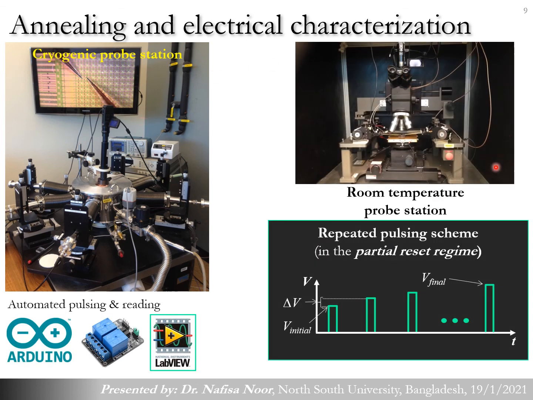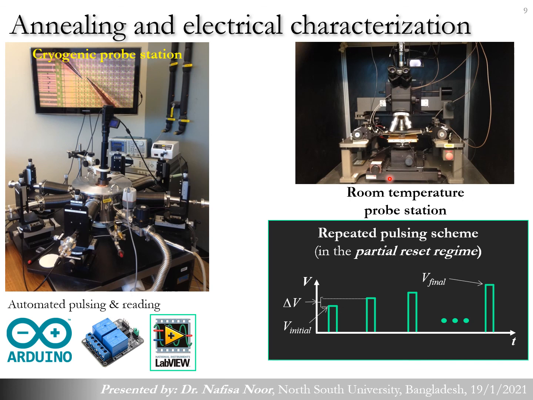And this is how a room temperature probe station looks like. Here also we have an optical microscope, several lenses, and a monitor to look at the area. But in this case, we do not enclose or change the temperature. Rather, all the measurements are done at atmospheric pressure and room temperature.